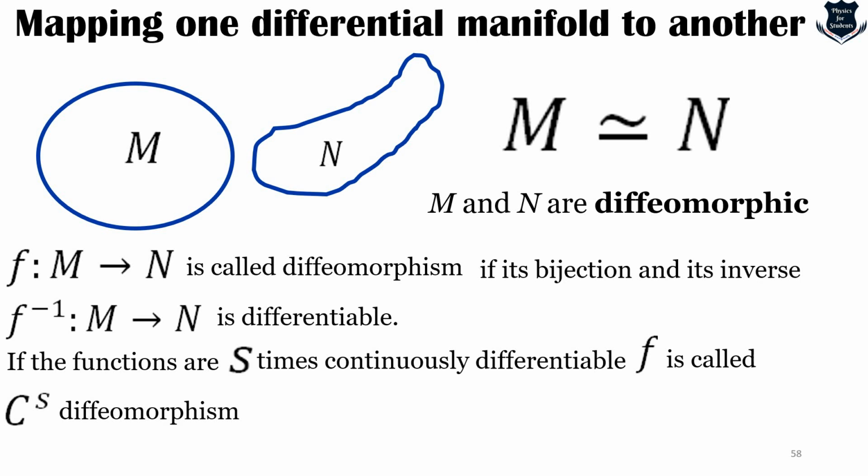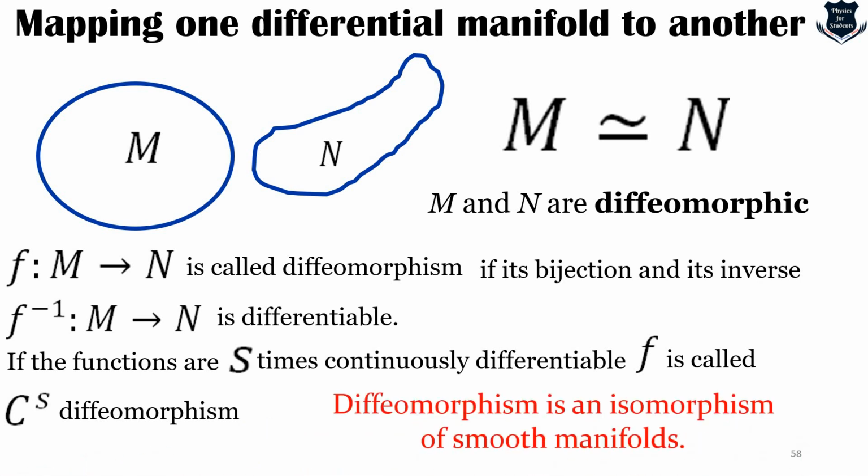If the function is continuously differentiable S times, F is called a C^S diffeomorphism. And finally we come to the conclusion that a diffeomorphism is also an isomorphism of smooth manifolds. So this is another very important concept of mapping, inverse, etc.